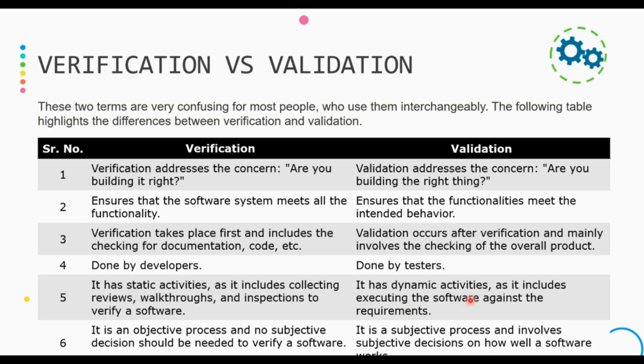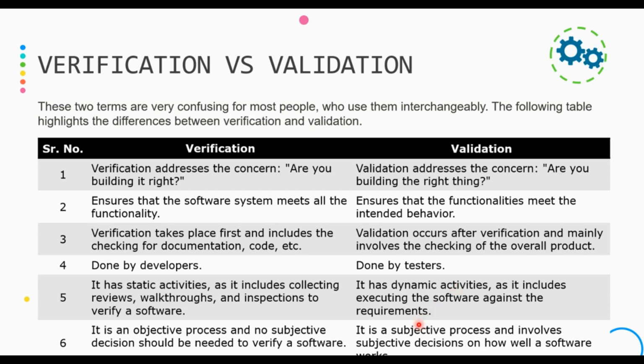But the validation process is a dynamic process because we are actually using automation tools, and we get the expected values. You can compare the expected values and the actual report we get at the end of the testing.